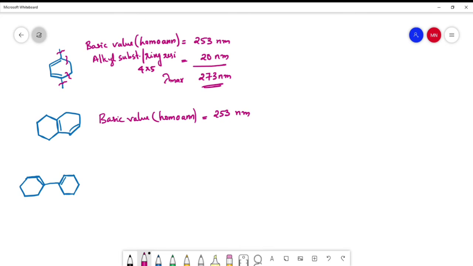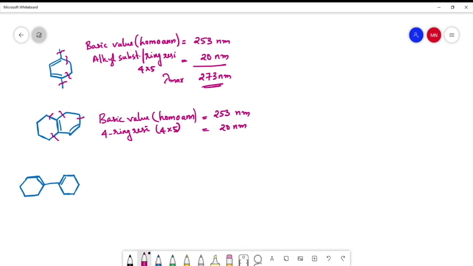So this is the diene part. So we'll start from here, one ring residue, and moving from here to here, second ring residue, here third one, fourth one. So again there are four ring residues. So you will be writing 4 into 5 is equal to 20 nanometer.